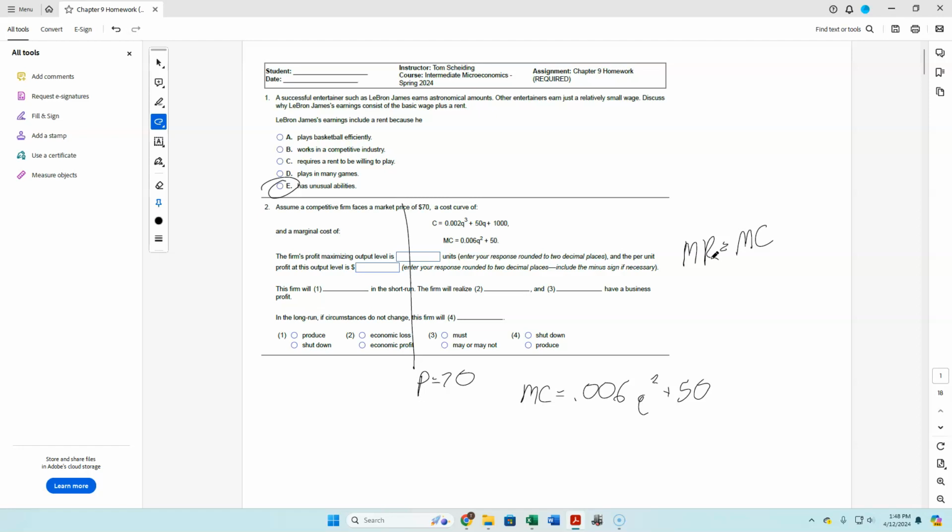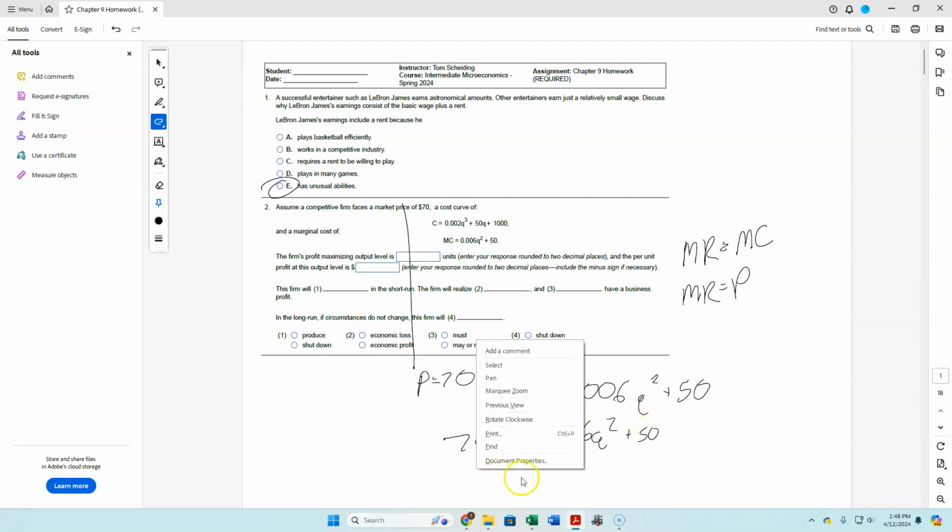For these competitive firms, the marginal revenue is equal to the price. So 70 equals 0.006 q squared plus 50, which gives 20 equals 0.006 q squared.